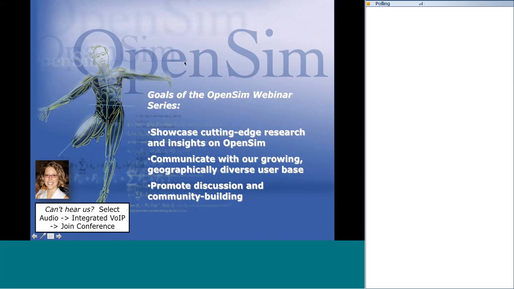OpenSIM is a freely available software application for visualizing musculoskeletal structures and simulating movements of humans and animals. The application includes tools for general purpose inverse dynamics, optimization to estimate muscle and joint forces, methods to create simulations from motion capture data, and tools to analyze and visualize the results of simulations.